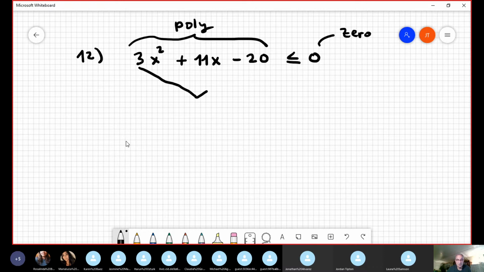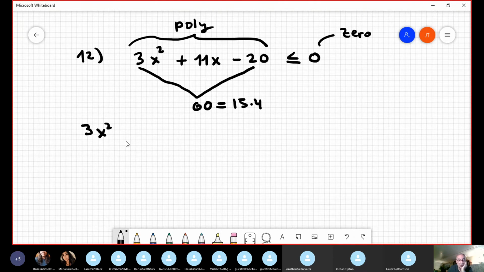You multiply 3 times 20, I don't care about the sign, it's 60. And try to find the combination. Okay, I suppose 15 and 4, no? Let me use my calculator. 15 times 4 is, yeah, 60. And somehow 15 minus 4 is 11, right? Yeah, it's the combination. You copy that.